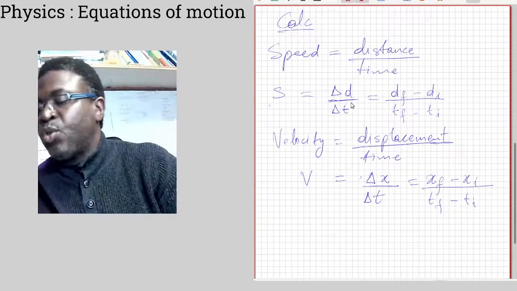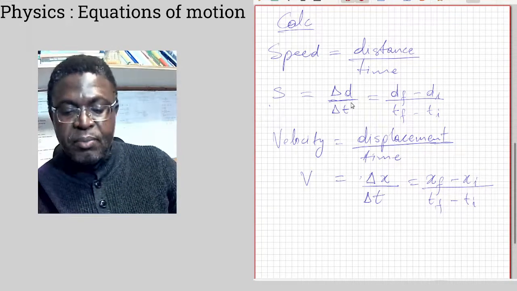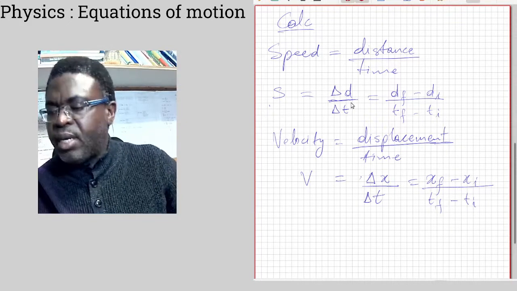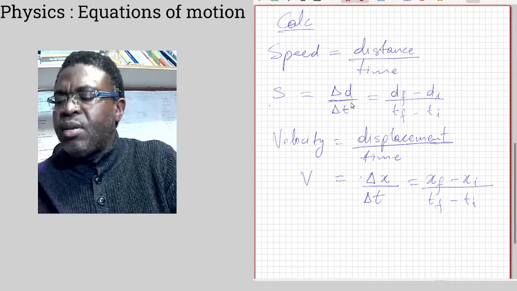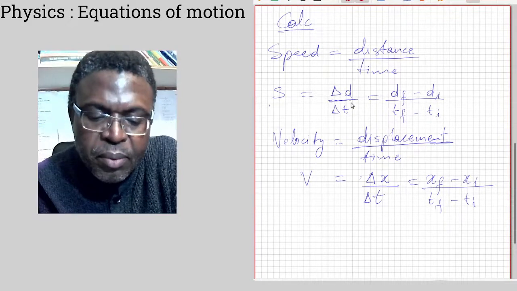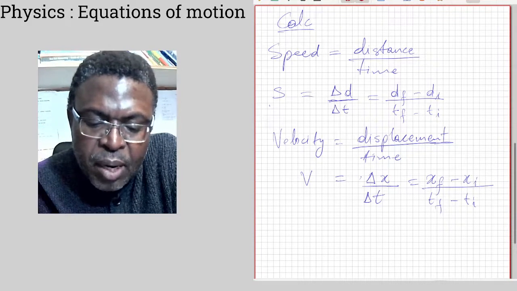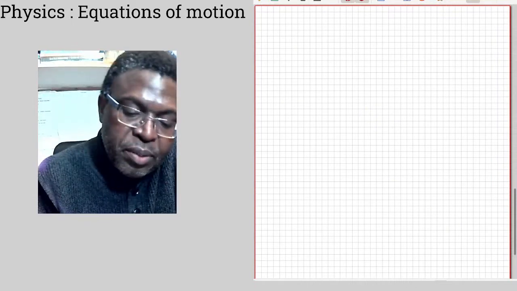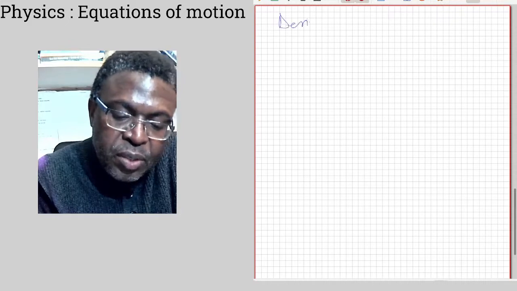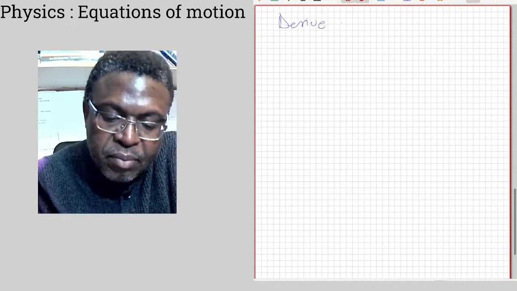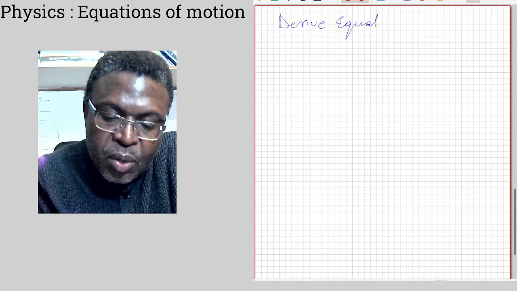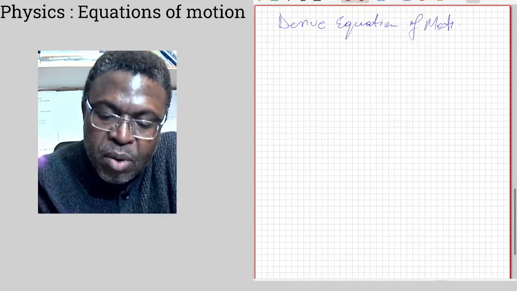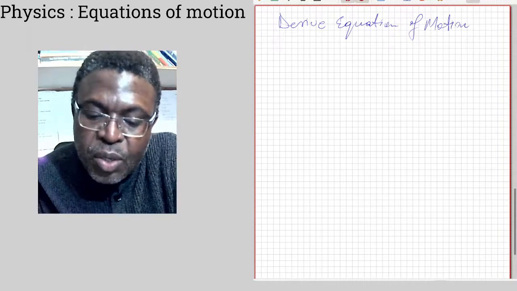Now I want us to move into something very important that normally gives you guys a tough time, and there's no need for you to stress. It's doable. I want to discuss the derivation of equations of motion, right? So to derive equations of motion, you will excuse my handwriting.